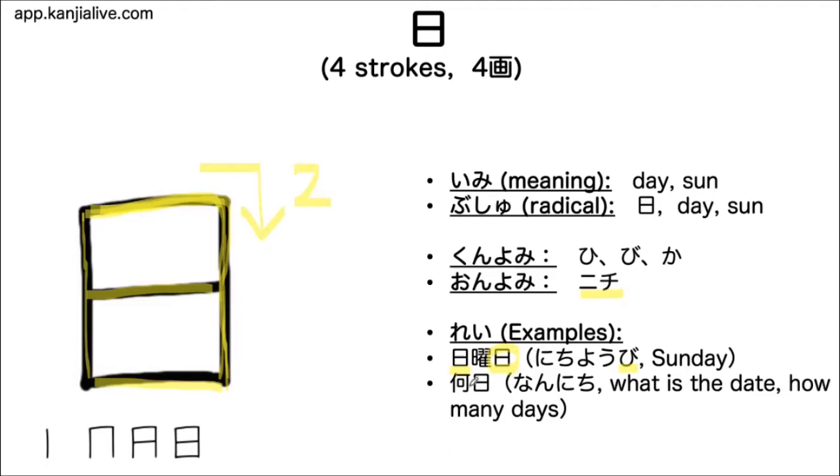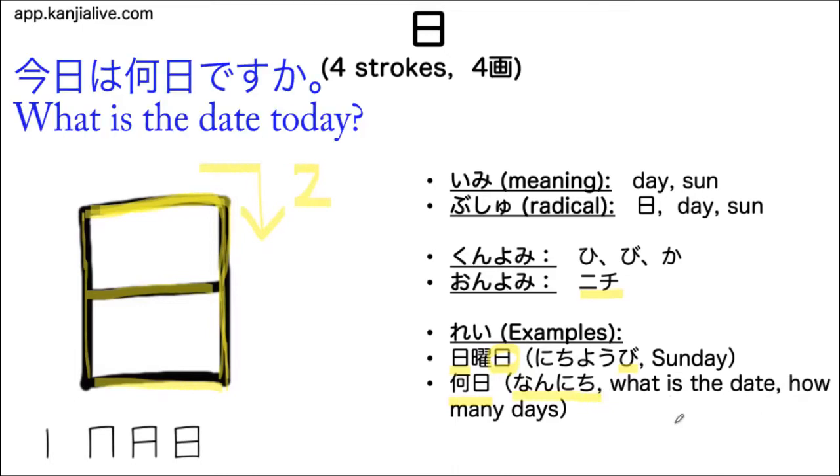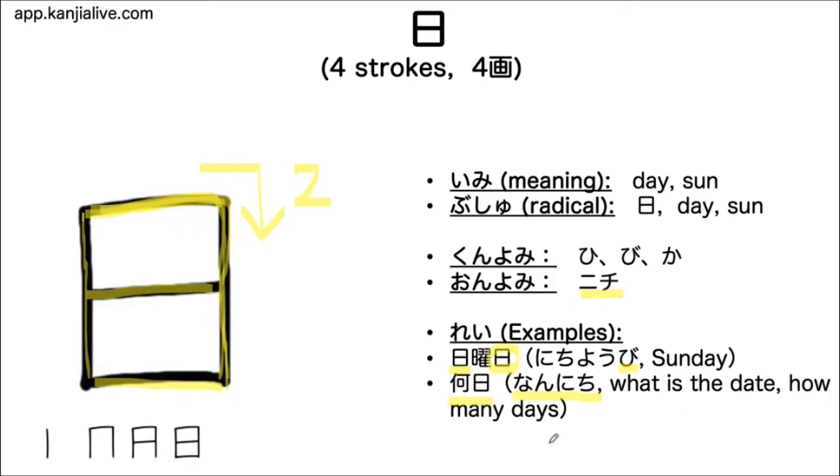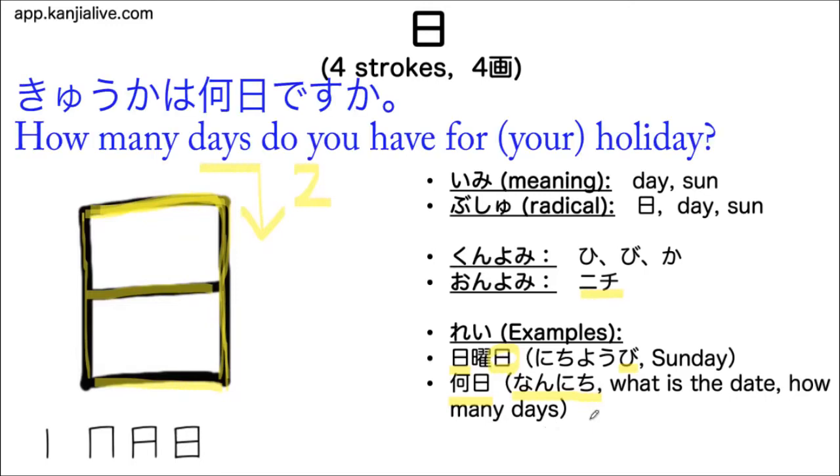Nichi. So 何日. Okay, 何日 means what is the date. For example, 今日は何日ですか? Which means what is the date today? And also in another context, you can say how many days. So you can ask how many days, for example, do you have for holiday? Holiday in Japanese is 休暇.